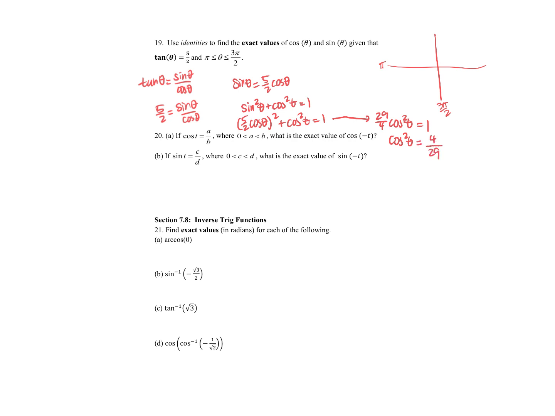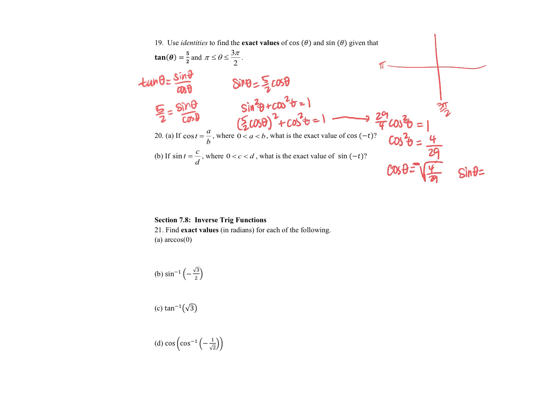And then I can take the square root of that. Cosine theta is equal to the square root of 4 over 29. And now, since I'm in the third quadrant, I know that cosine is negative. So when I take that square root, I'm going to have to take the negative. I choose the negative out of the plus or minus to make that work. And then I get that sine theta is equal to 5 halves times that.